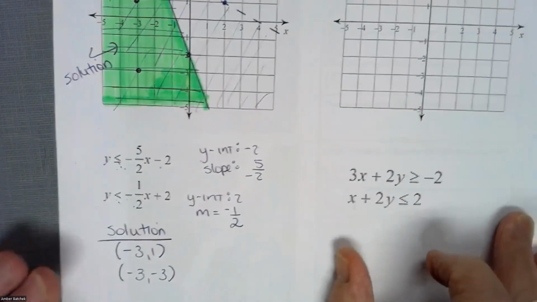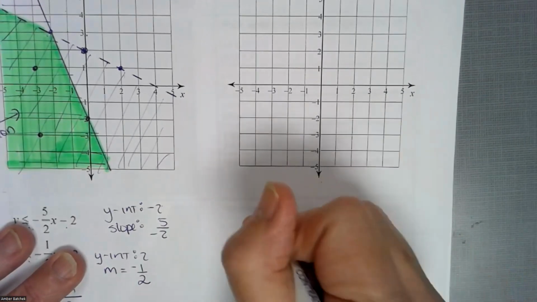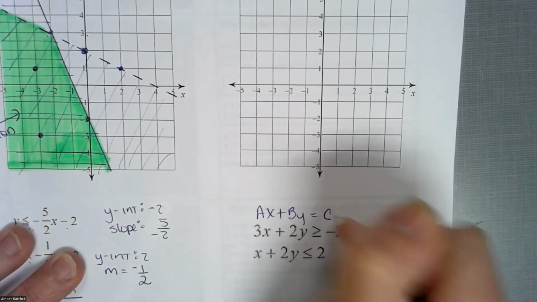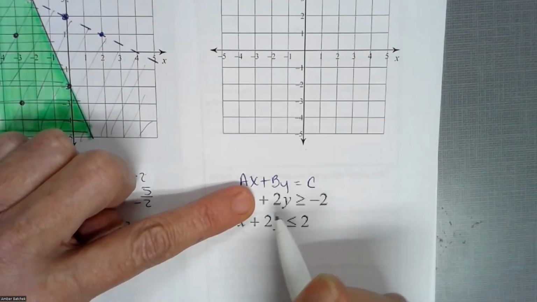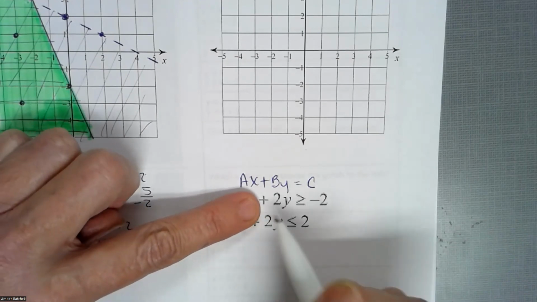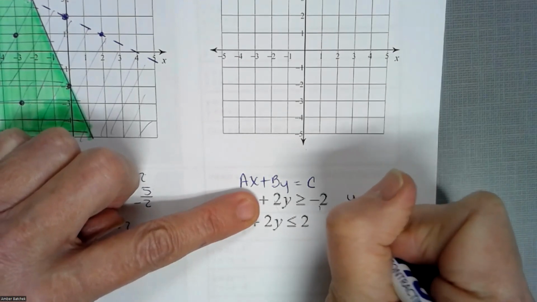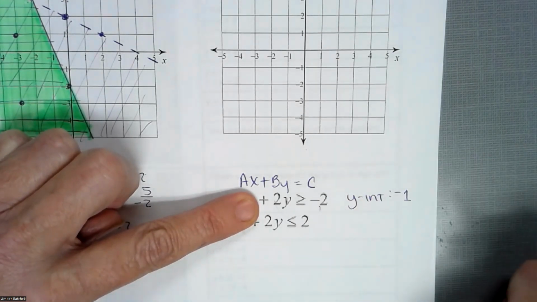Okay. All right, let's do some that are a little bit trickier. These are trickier because they're in Ax + By = C form. So the first thing we've got to do is recall that in order to find the y-intercept, we're going to cover up the x, and we're going to solve. So I'm going to divide by 2, and I find out my y-intercept is -1.